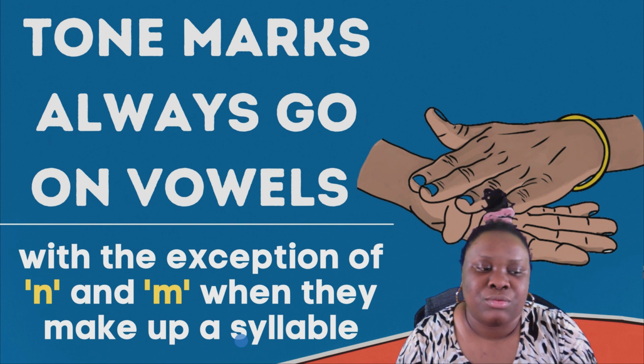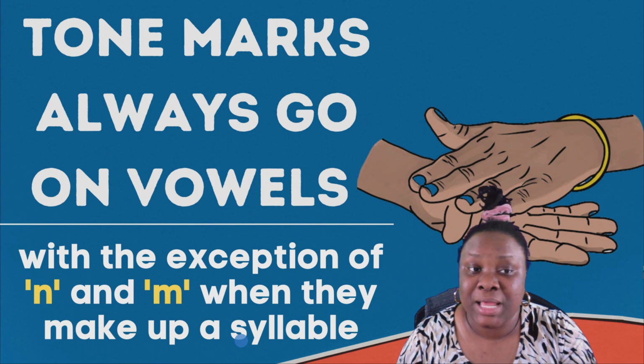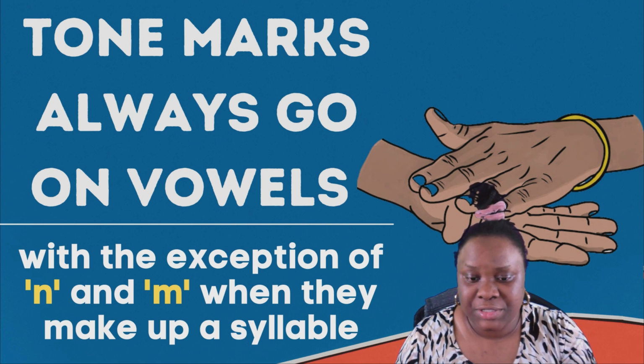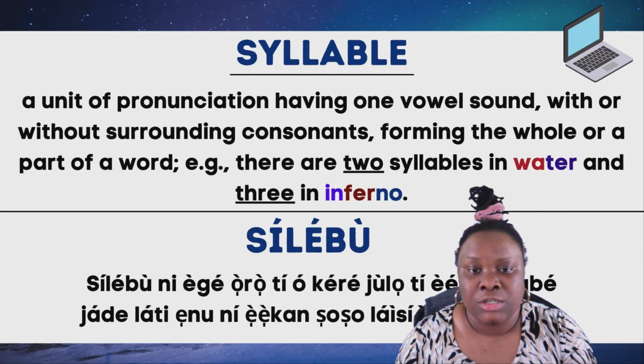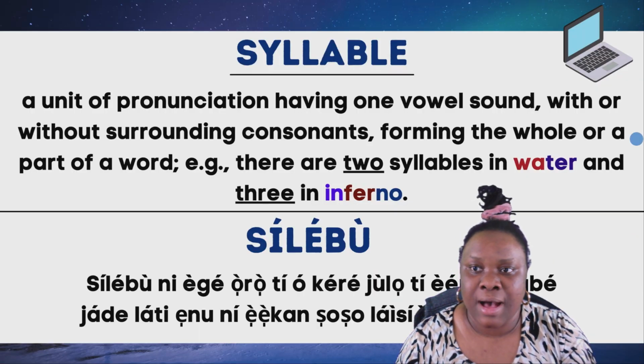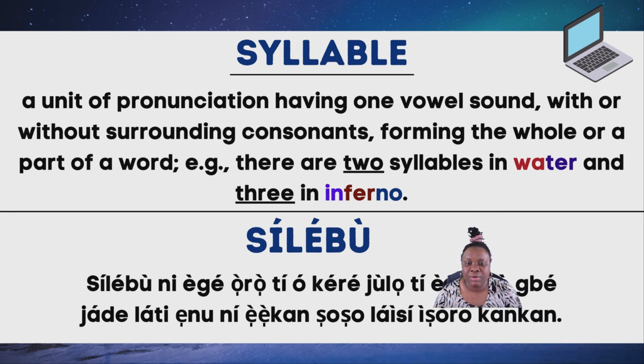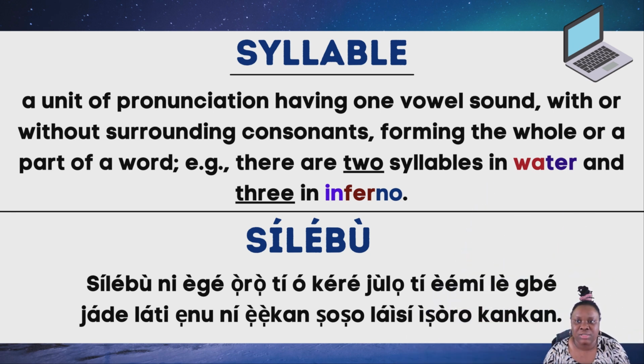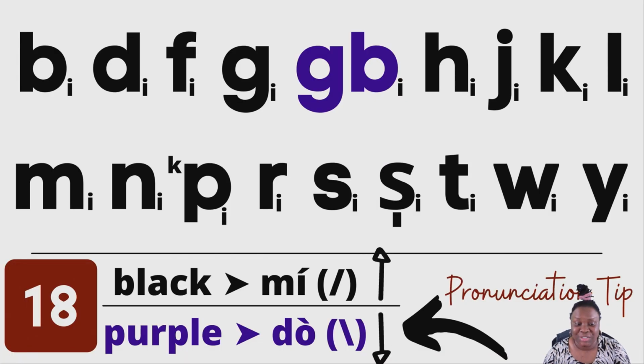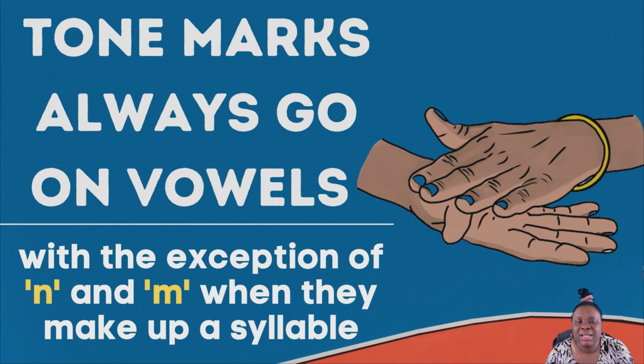A syllable typically, like I explained in the previous video on tone marks, has at least one vowel sound in it before you can consider it a syllable. A unit of pronunciation having one vowel sound with or without surrounding consonants forming the whole or part of a word. So even in the Yoruba language, a syllable typically has at least one vowel.